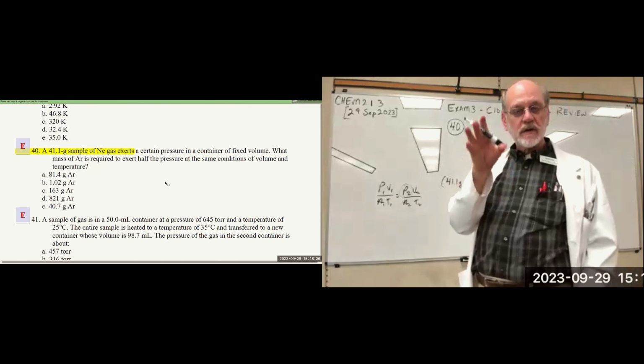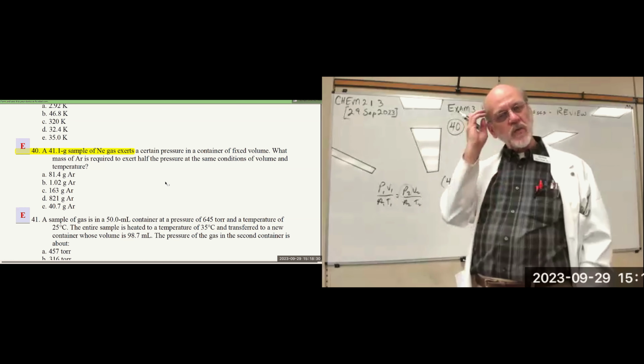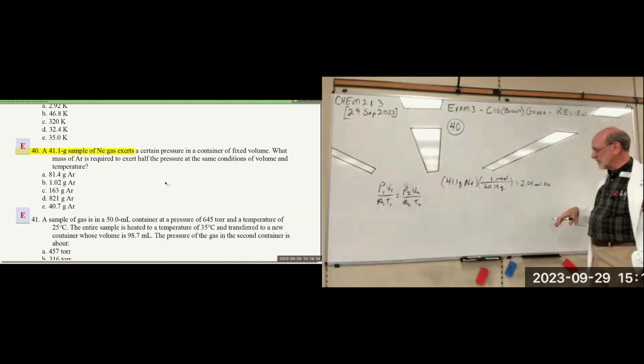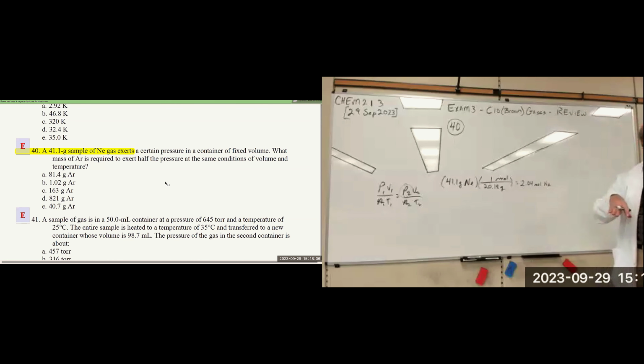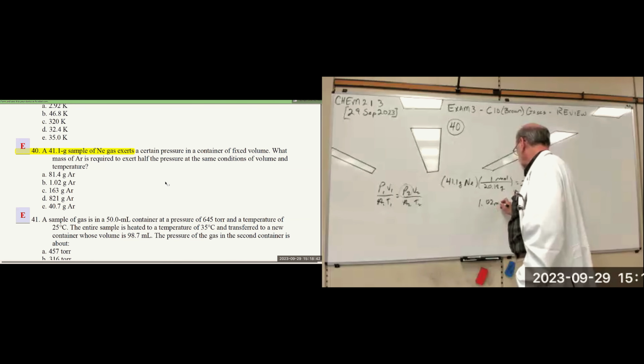Fixed volume, a given pressure. Now, what mass of argon is required to exert half the pressure? Half the pressure would be exerted by half the moles, wouldn't it? Half the pressure. So we need to work with 1.02 moles of argon.